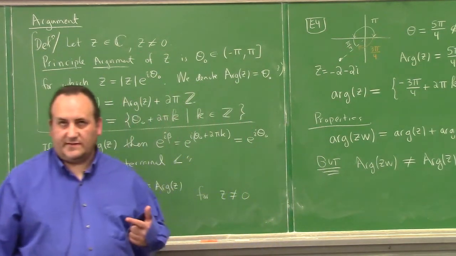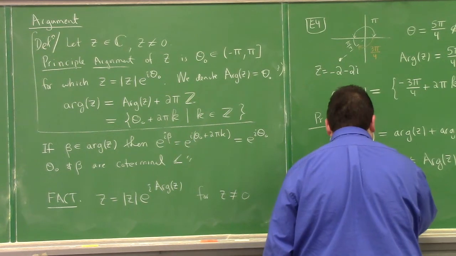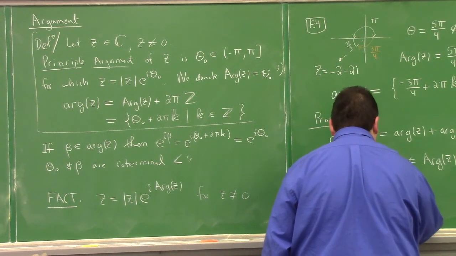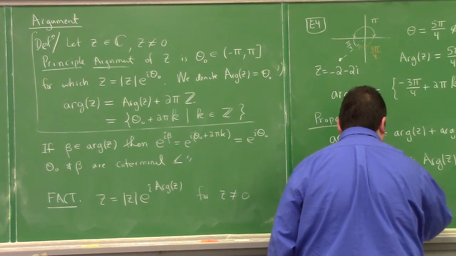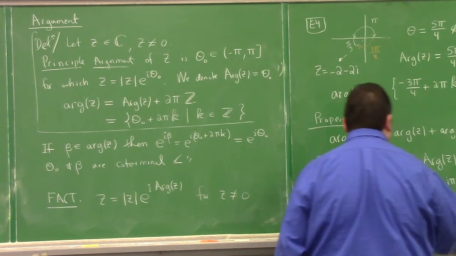Let's see here. For example, if you had e to the minus i pi over 2 times e to the minus i pi over 2, what would that give you? e to the minus i pi, right?